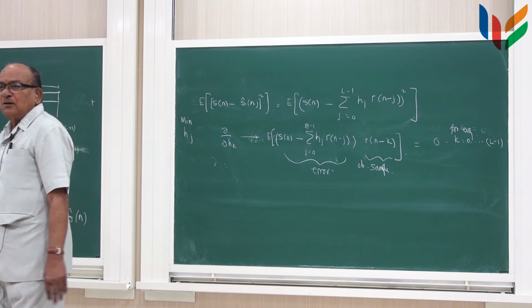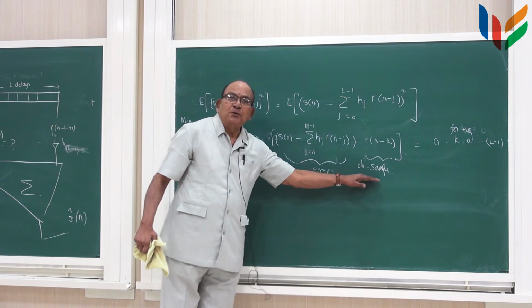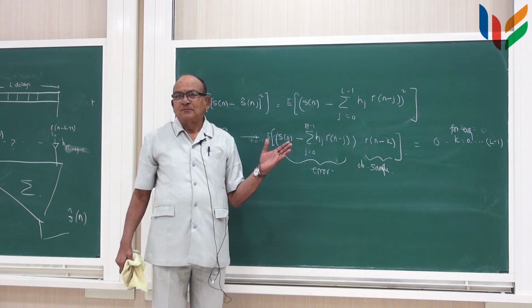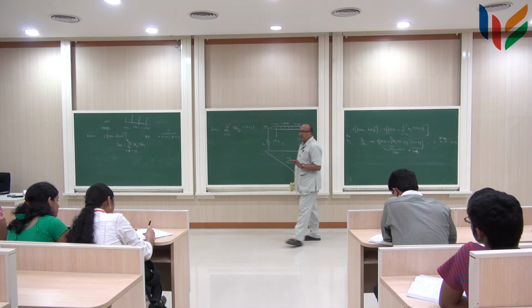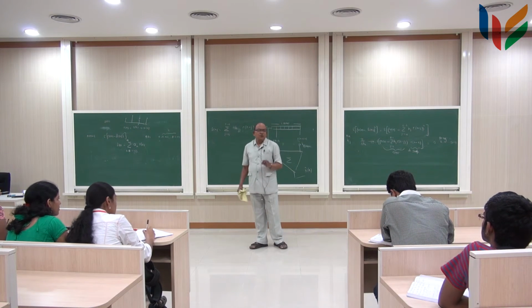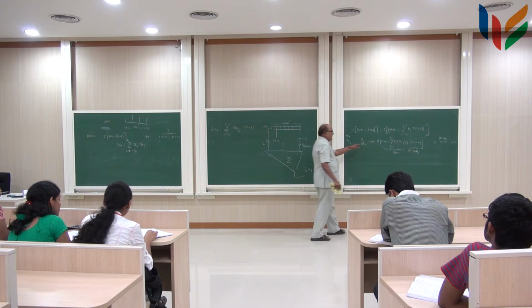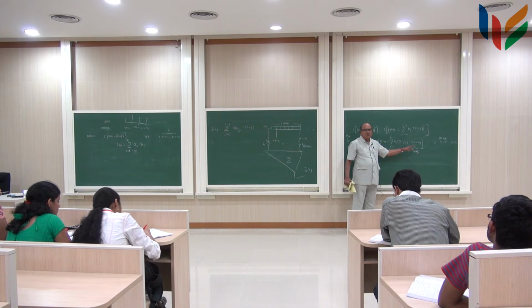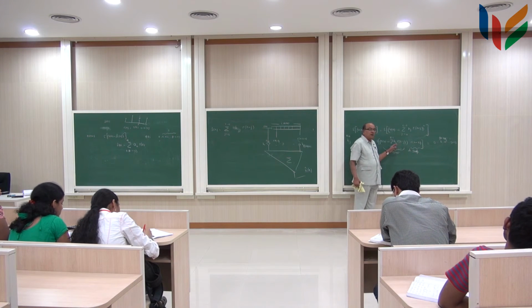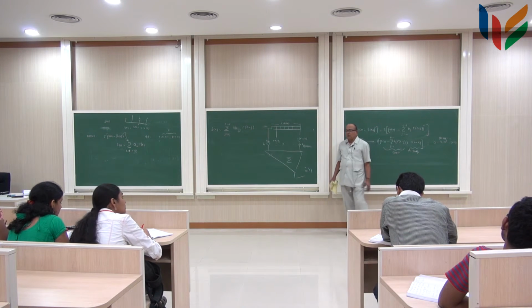What does it mean? This means that the error and the observation sample should be uncorrelated. So, the optimum filter is that filter which makes the error and the observation sample uncorrelated. Those set of Hs which will make this true is the optimum filter.